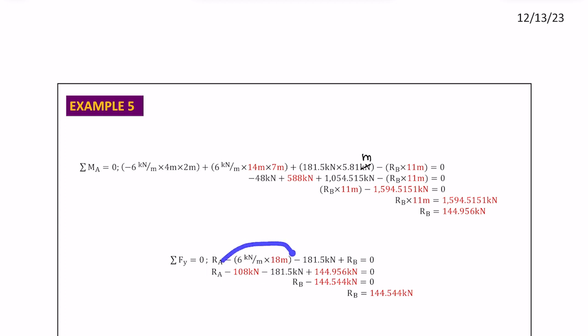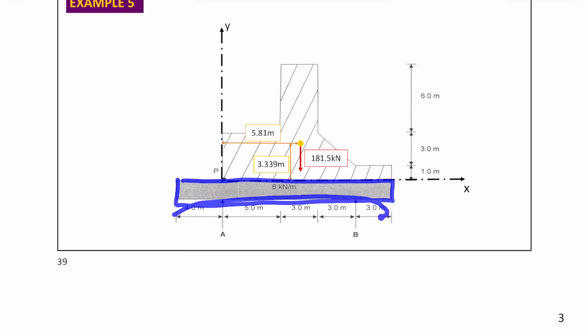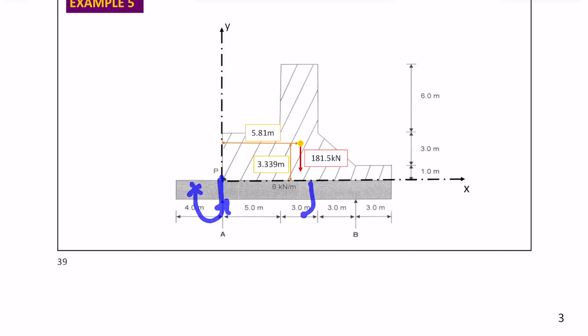And since the beam length total dia ni adalah 18 meter, 4 plus 5 plus 3 plus 3 plus 3 meter. Tak perlu nak bahagi 2 lagi sebab dia bukannya arah yang berbeza macam kita buat untuk moment.